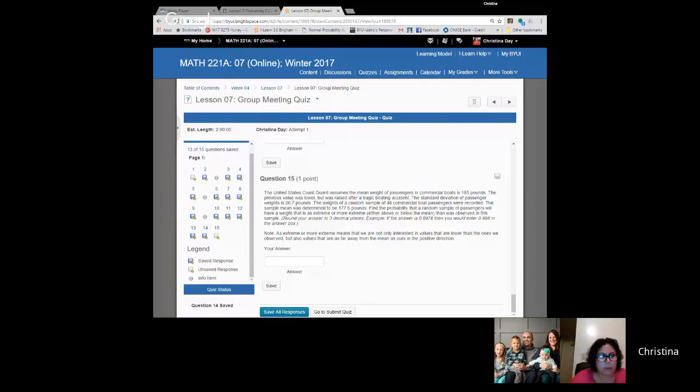Which is 0.054, or 0.055, we'll round it. The left and the right highlighted. Yes, it has to be that.